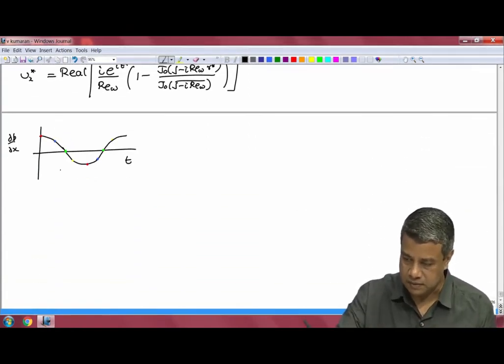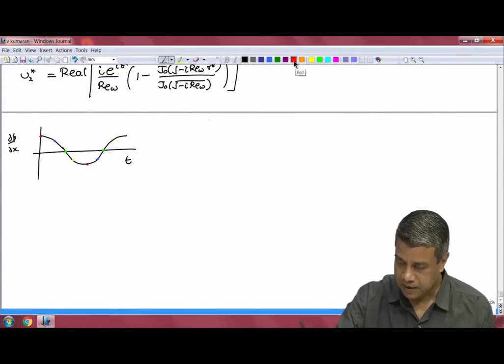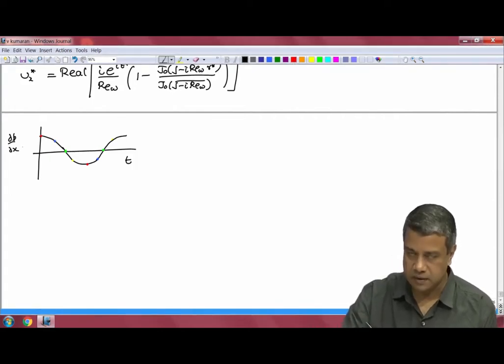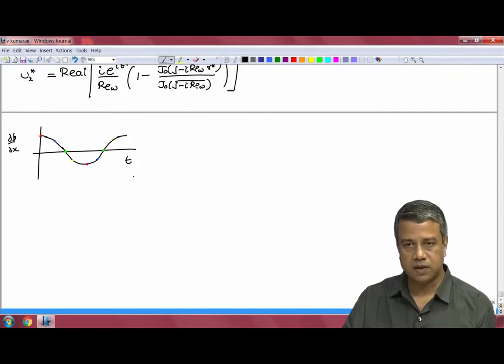And I was trying to show you what will be the pressure gradient, the velocity at different points along this pressure pulse. Note that the pressure pulse was cos omega t times k.